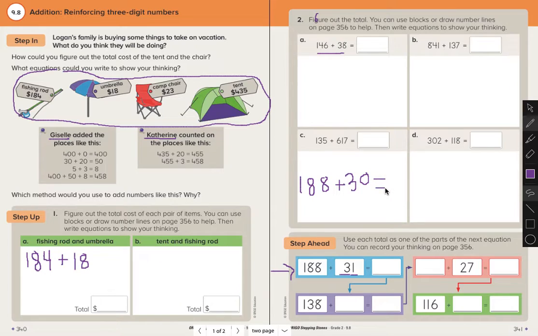Go ahead and solve that now. Did you get 218?